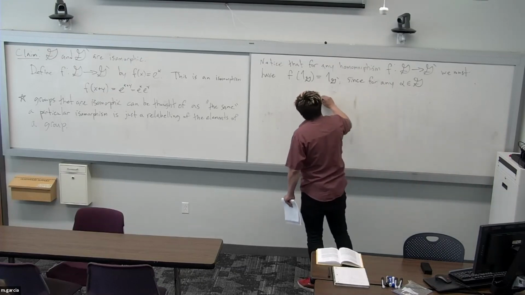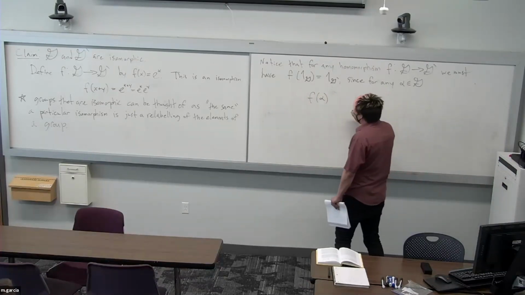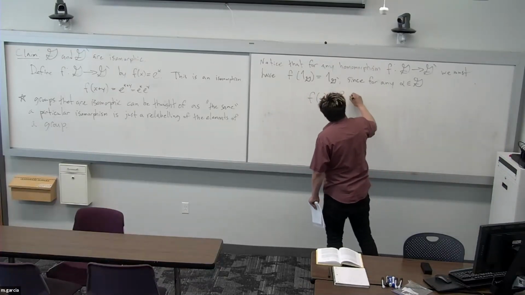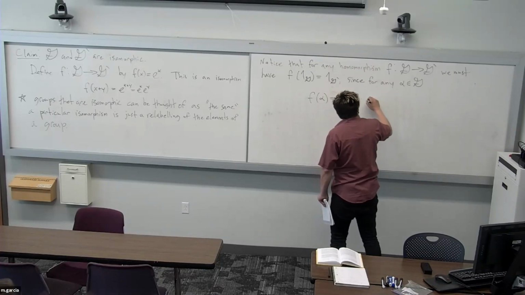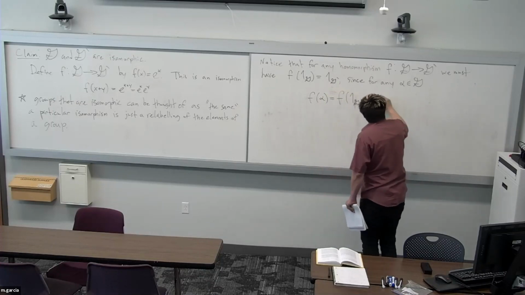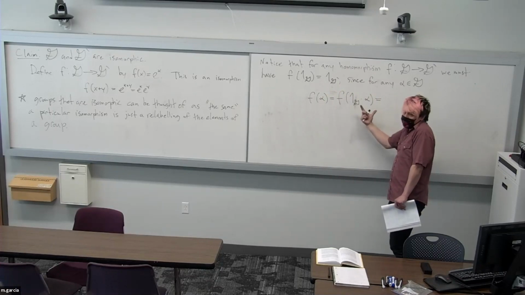So if we take f of alpha, that's the same as f of 1 sub G times alpha. And since f is a homomorphism, we can split this in G prime.